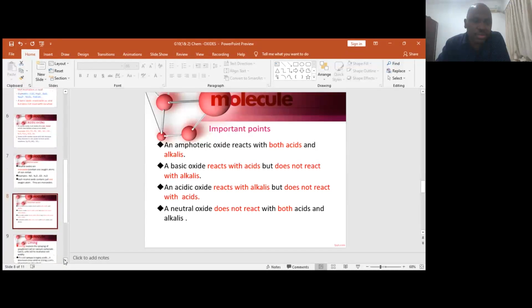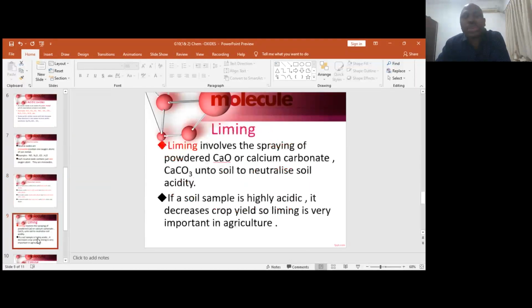Next, in IGCSE chemistry, there's what we call liming. Liming, what is that? Liming is a process that involves reduction of soil acidity. We do agricultural practice, we do farming.